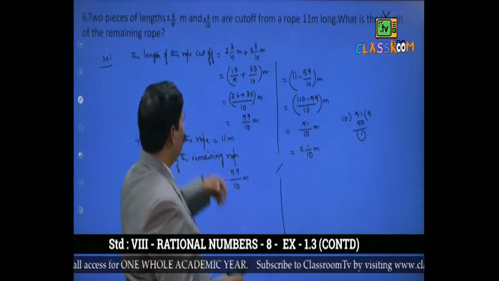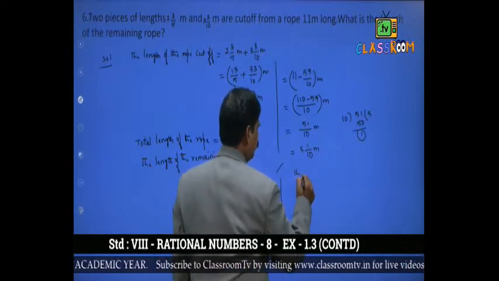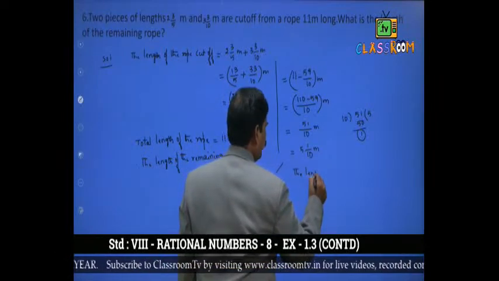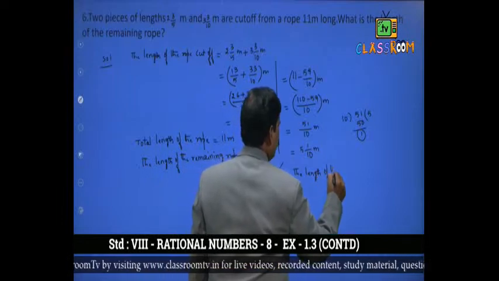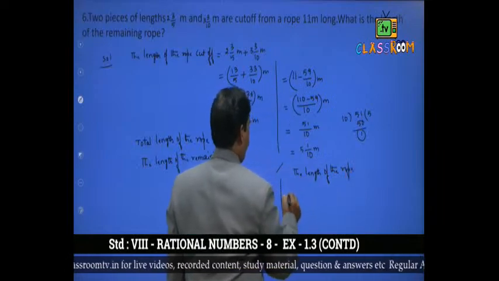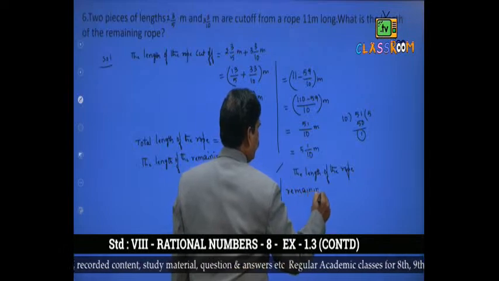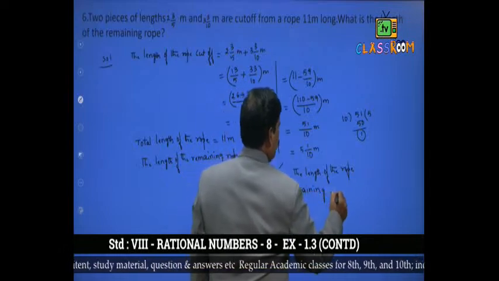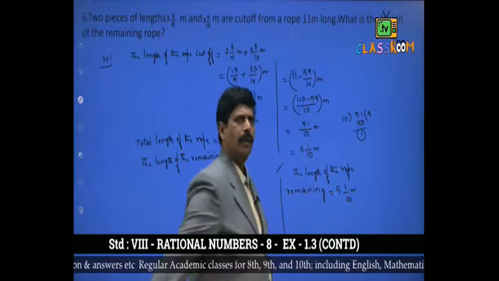The length of the rope remaining is equal to 5 1 by 10 meters.